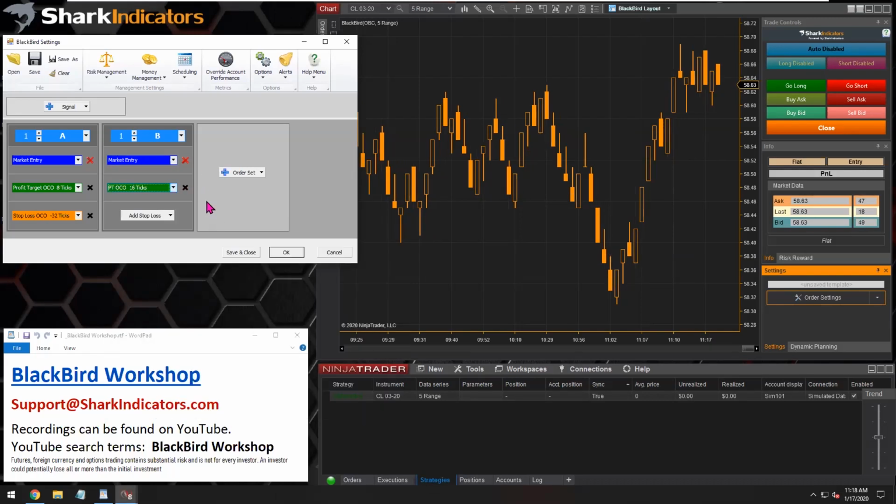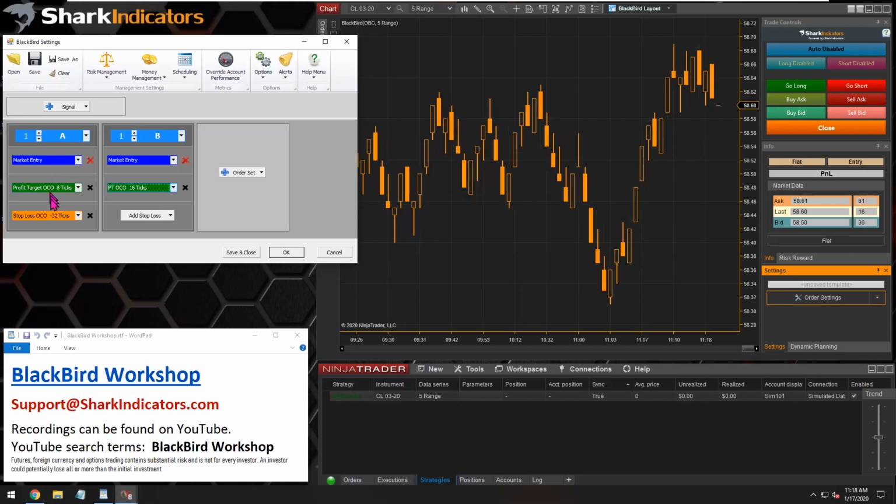So the theory is that if order A has been executed and the market pulls back 16 ticks, then we want order B to scale in, and we can see that order B is set at 16 ticks.